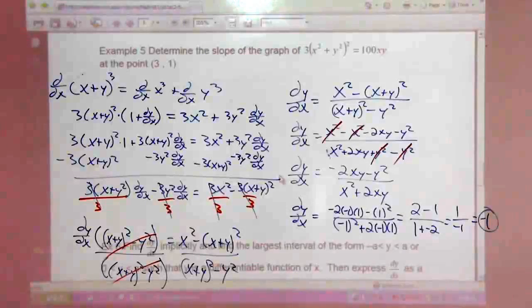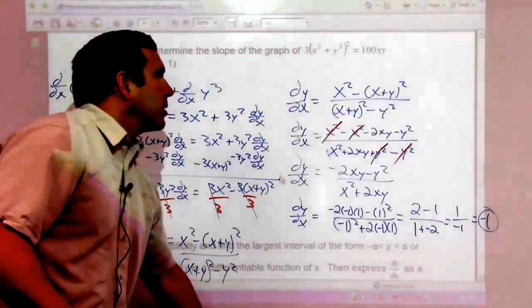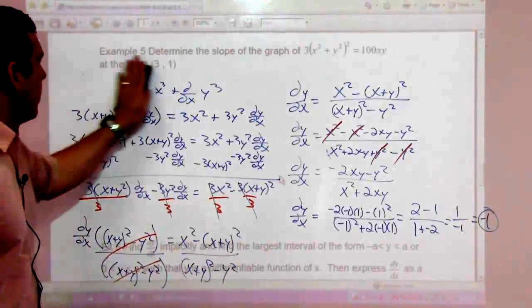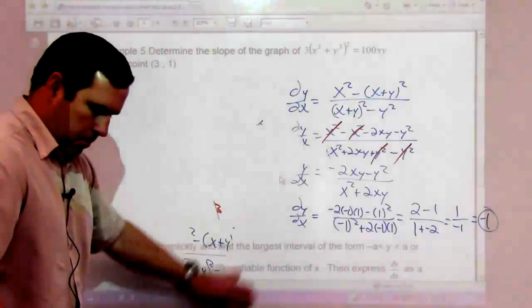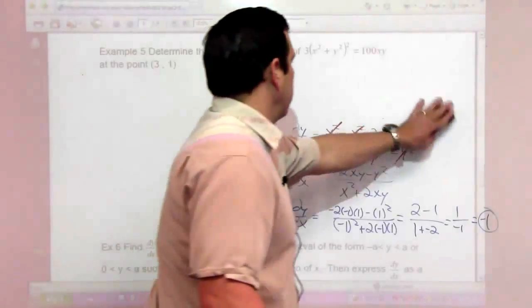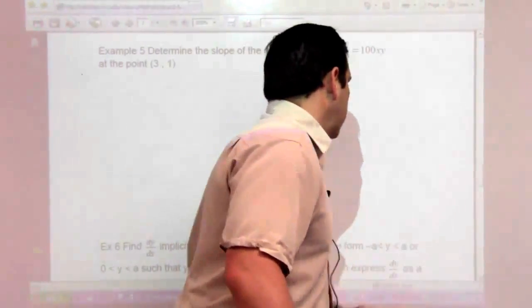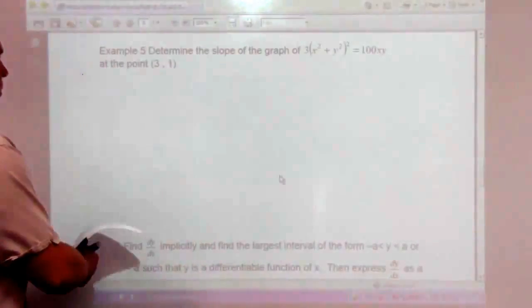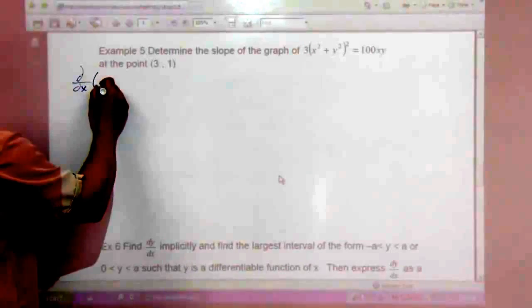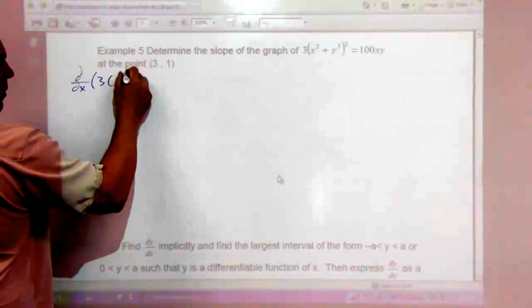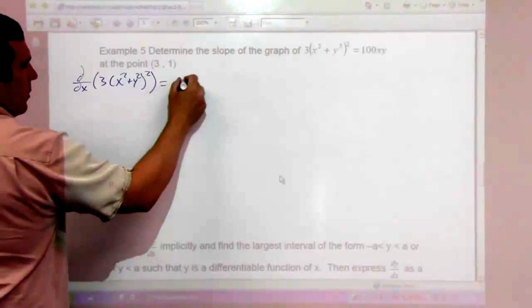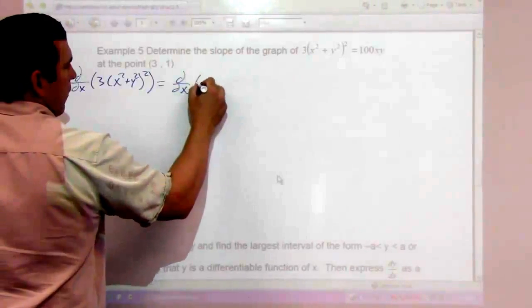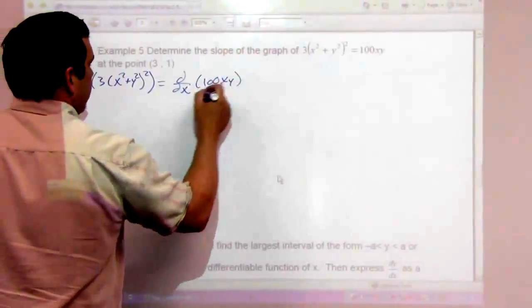Determine the slope of the graph of 3(x^2 + y^2)^2 = 100xy at the point (3, 1). So we're going to take the derivative with respect to x of 3 times (x^2 + y^2)^2 equals d/dx of 100xy.